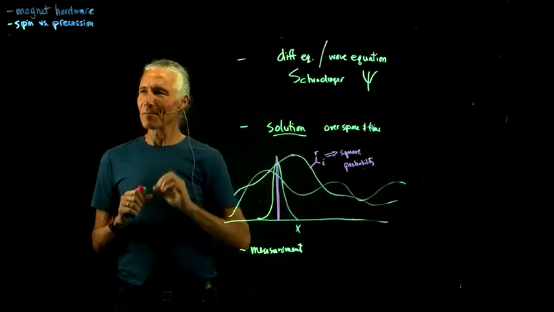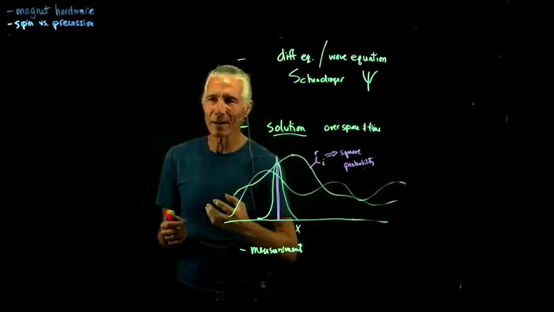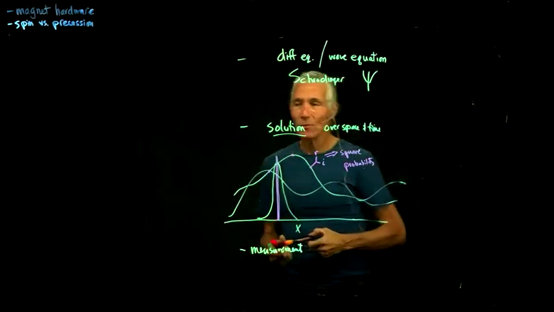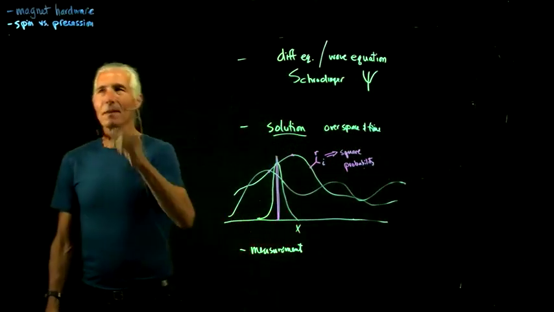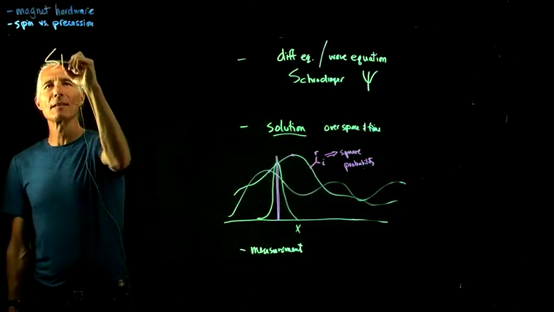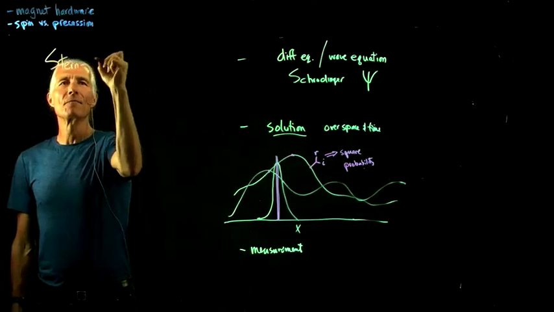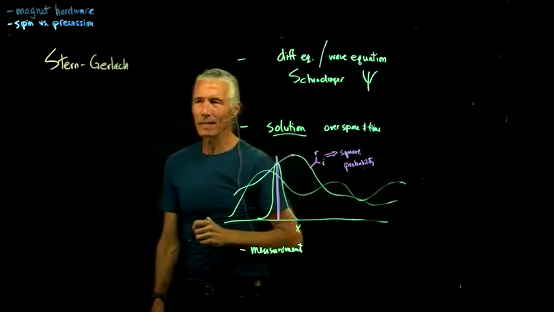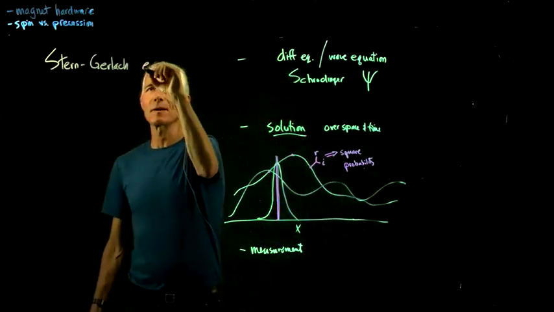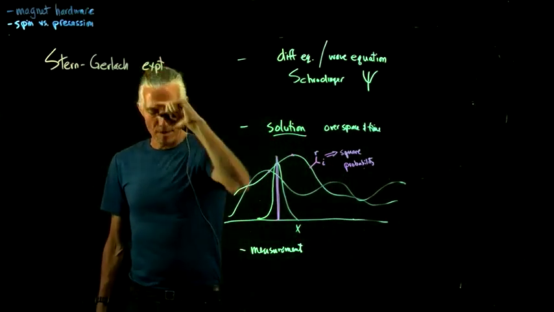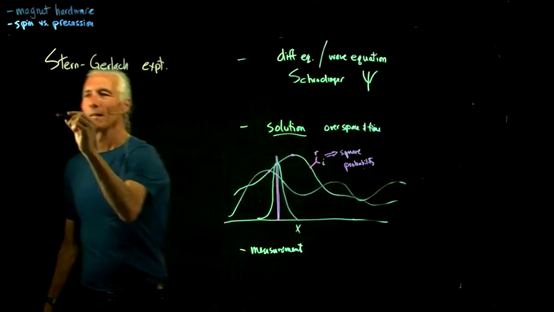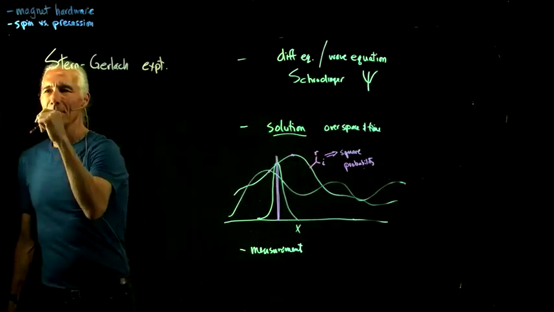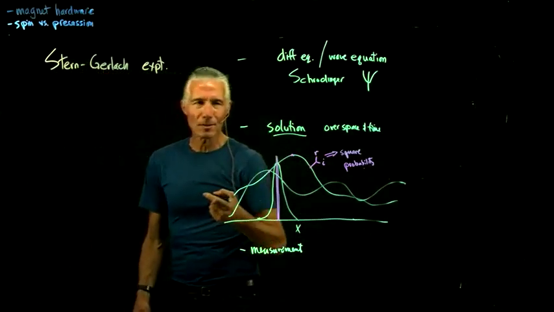So that's all about quantum mechanics. But what's an actual concrete experiment that's related to MRI? This was an experiment done early in the days of quantum mechanics called the Stern-Gerlach experiment. It's a basic experiment. How does this work? You get some atoms that are not charged.